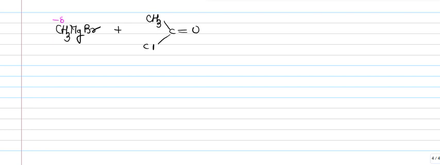Unlike aldehydes and ketones, acid chloride, this is called ethanoyl chloride, has a very good leaving group.